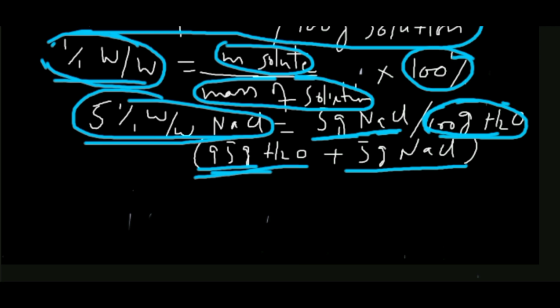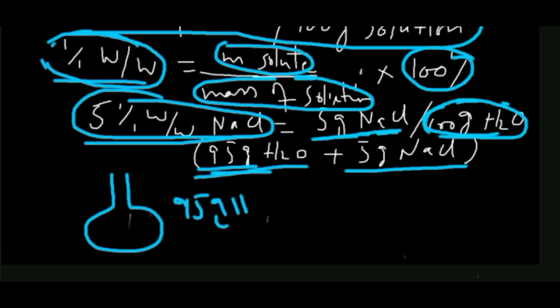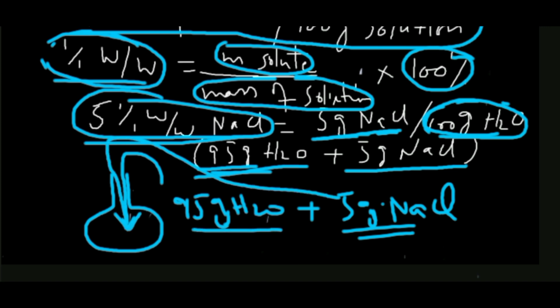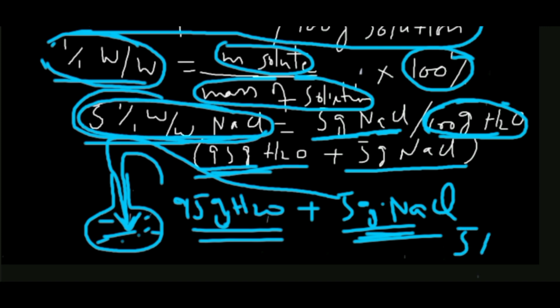For example, if we have a flask, and in this flask we put 95 gram of water, and again if we add 5 gram of sodium chloride into this flask, the flask will contain 95 gram of water and 5 gram of sodium chloride, and this flask will contain a 5% weight by weight sodium chloride solution.